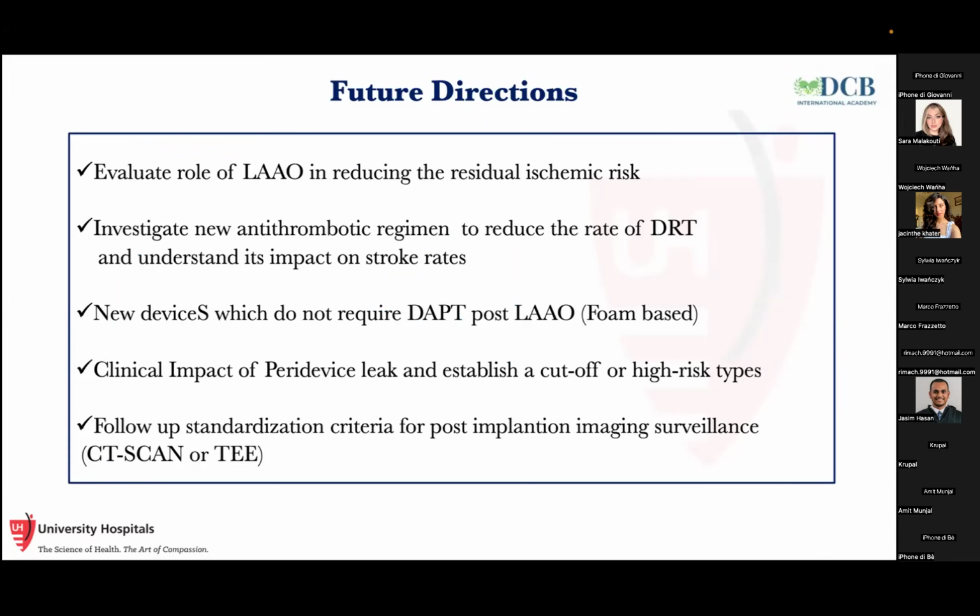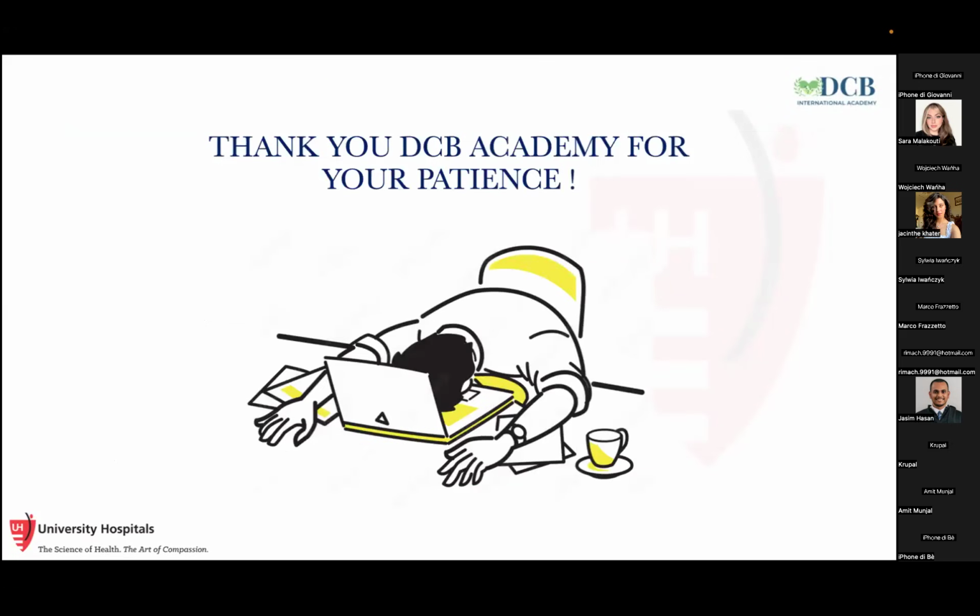There are some studies on new devices, such as the CLAPS devices, which are foam-based devices that ideally should not require post-DAPT. Also, the clinical impact of peri-device leak, and establishing a real cutoff and a high-risk type of peri-device leak. At the end, standardization criteria for post-implantation surveillance with CT scan or TEE. Thank you for your patience.